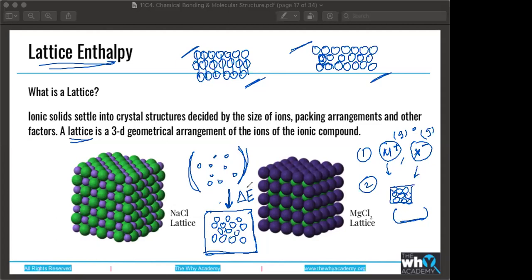If you calculate the total energy of them existing as independent cations and anions, and compare it with the energy in the lattice structure after they form it, you can see there is a difference in energy, and energy is released in this process. This particular energy is called lattice enthalpy.